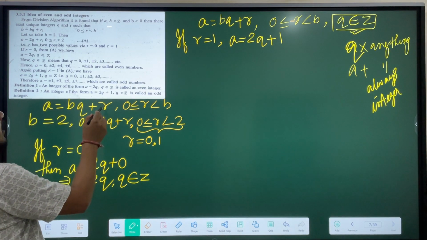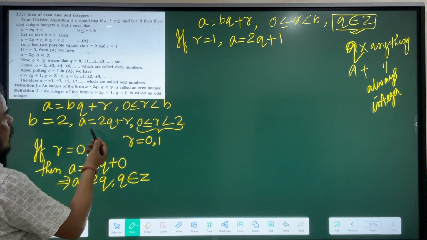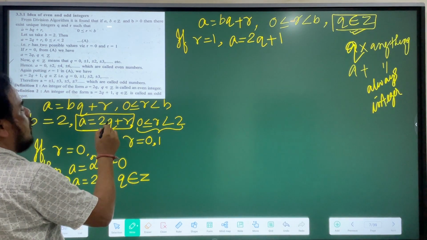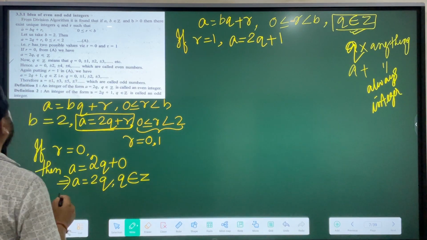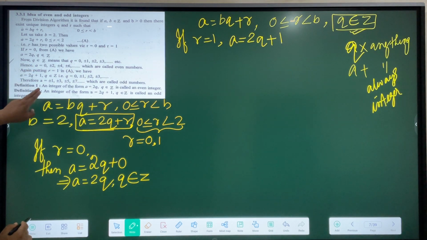A is equal to BQ plus R, B is 2 already, so A equals 2Q plus R. In place of R, 1 is written. Now A is equal to 2Q plus 1.